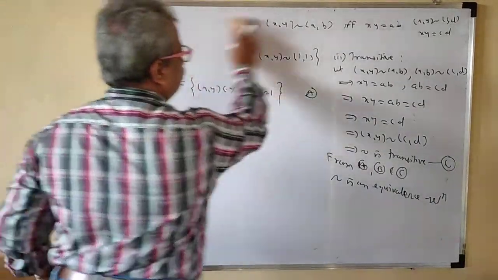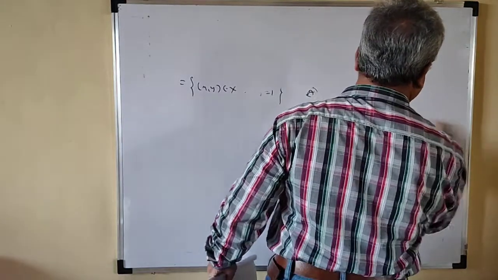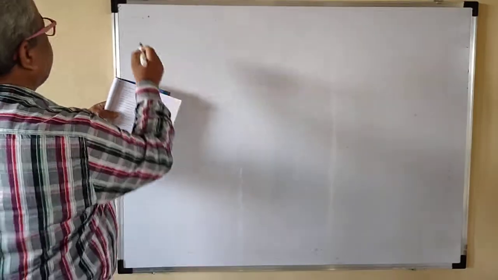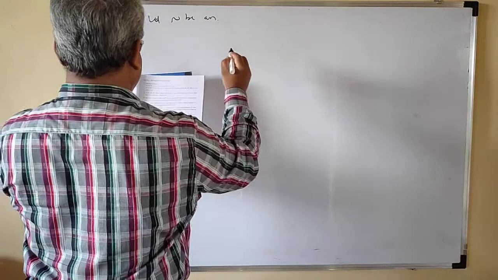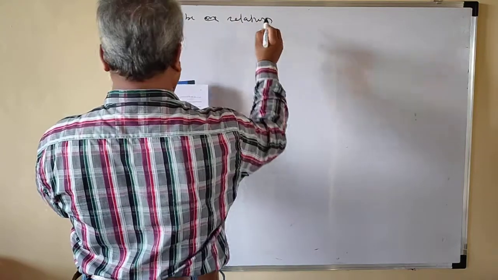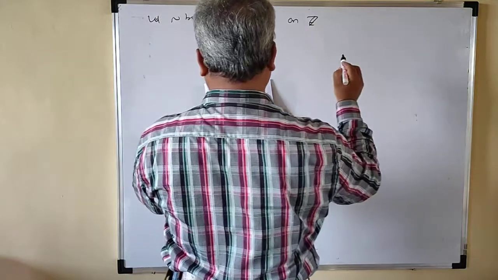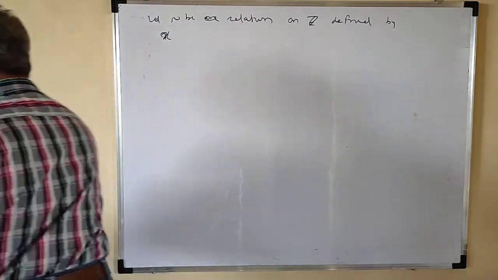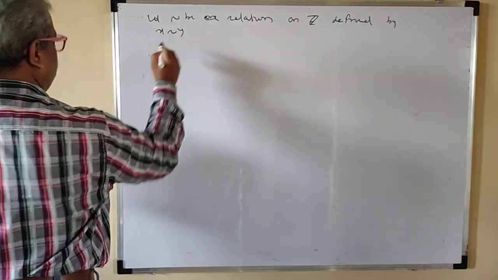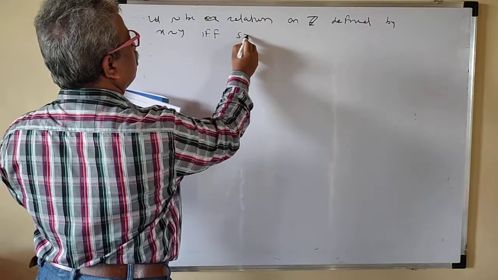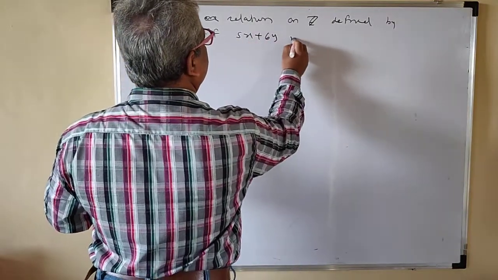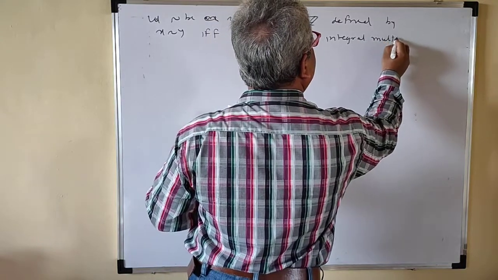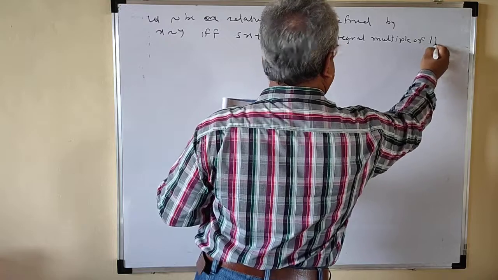Now we'll take the next problem. Let theta be a relation on Z defined by x is related to y if and only if 5x plus 6y is an integral multiple of 11.